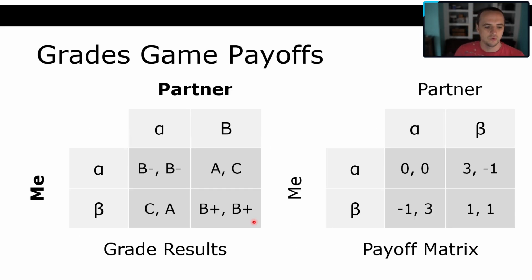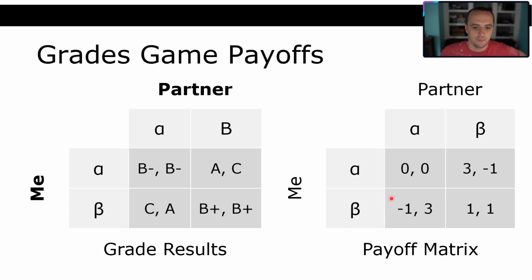So now what we have is the grade results matrix from before, but we've assigned some values to it based on the assumption that someone might be greedy. So this is a greedy person, and that greedy person has translated the grade results into a payoff matrix, okay?